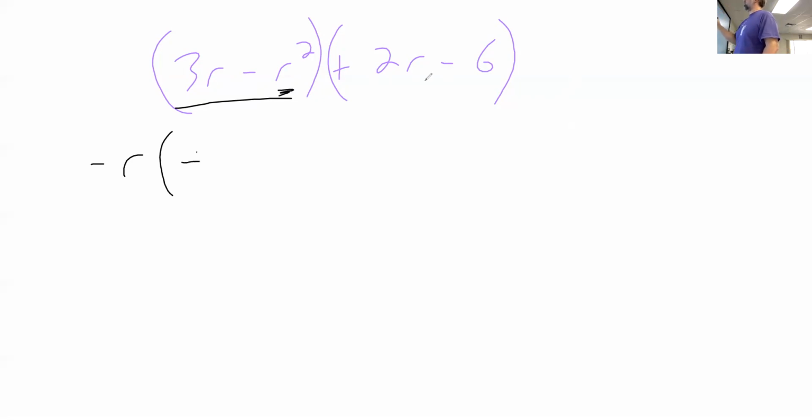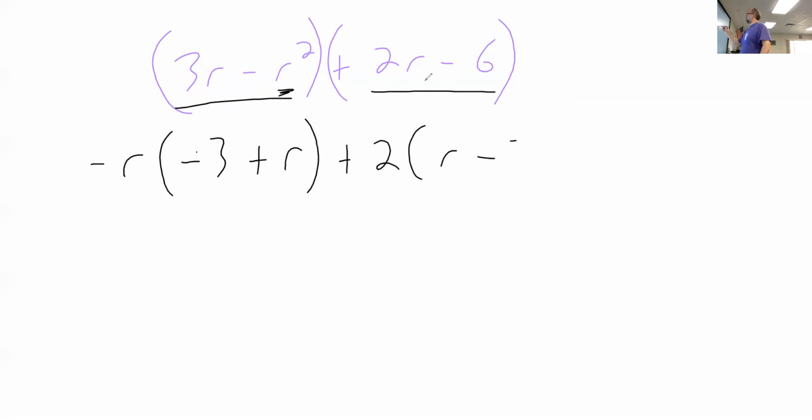Then this turns into negative 3 plus r, because I pulled out negative r and flipped the signs. Then in this other one, we have a 2 and a 6. So I pull out a positive 2. What remains is r minus 3.